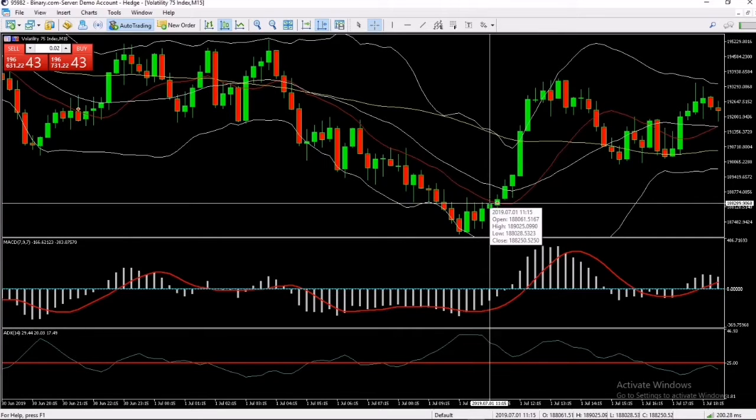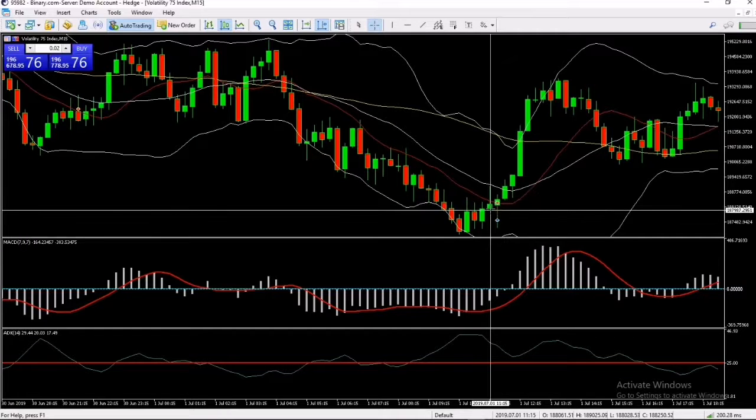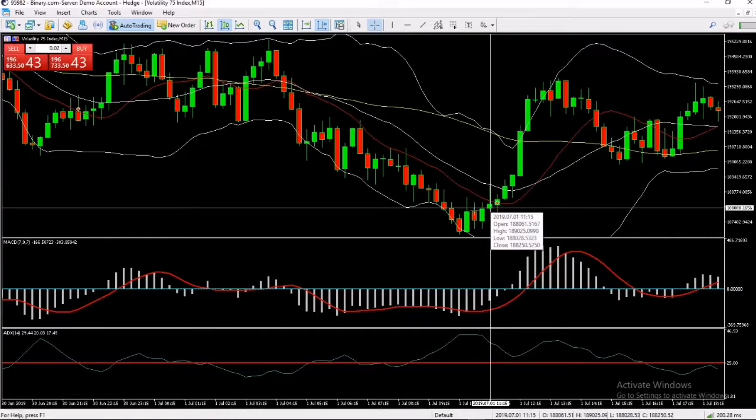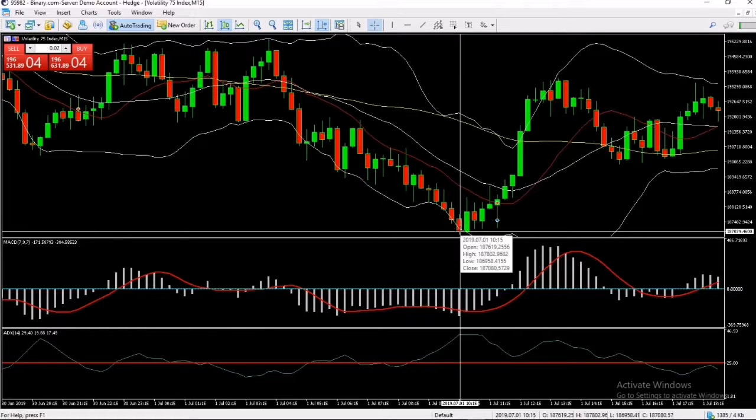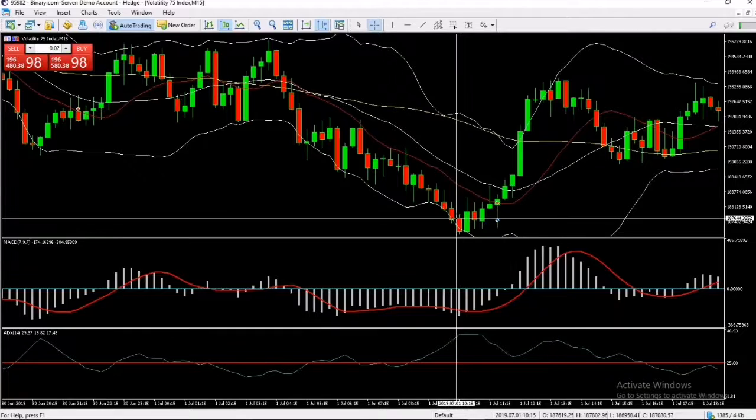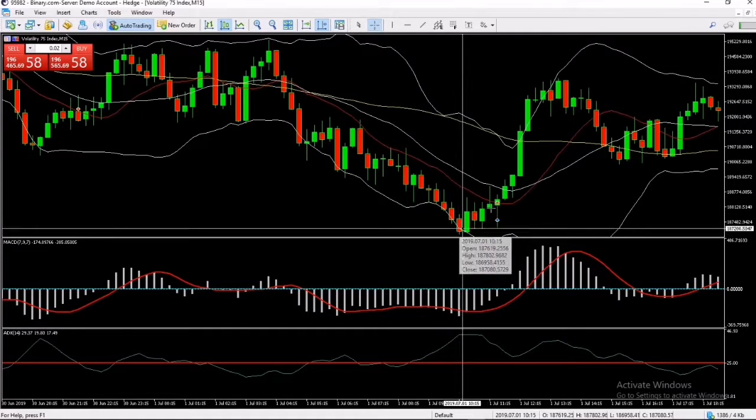The upper part of a green candle is called the closing point, while the lower part is called the opening position. For a red candle, the upper part is the opening position and the lower part is the closing position.